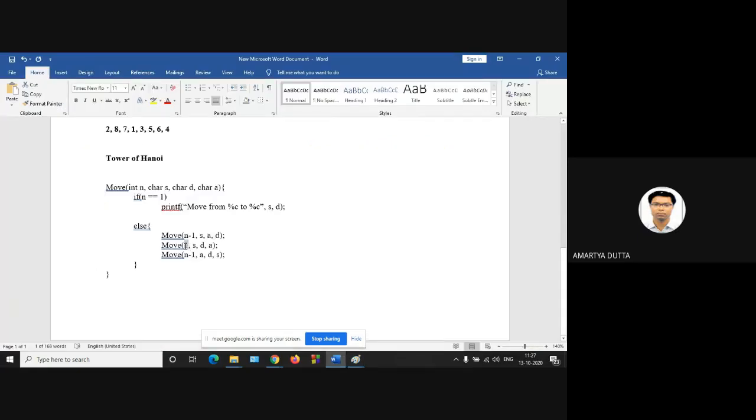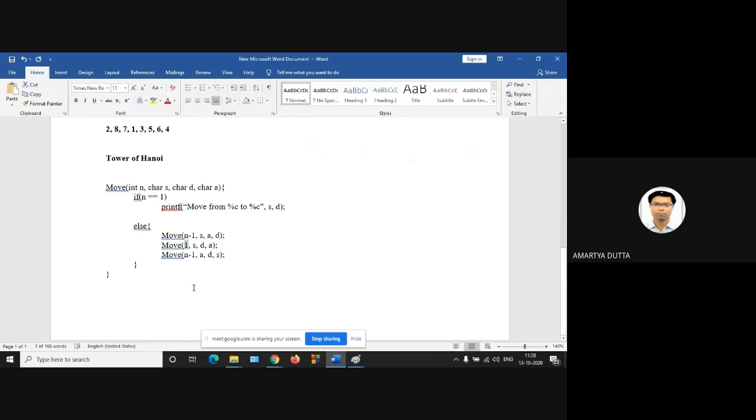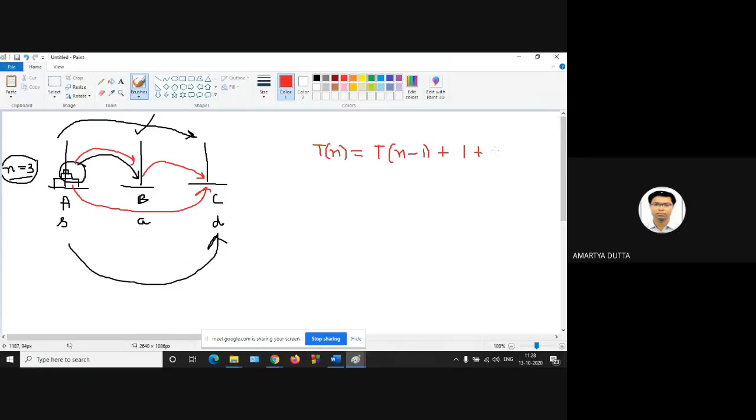Then only one movement is required for moving the largest disk from the source to the actual destination. So this is 1 plus, again n minus 1 disks are moved from auxiliary to the actual destination, so T of n minus 1.